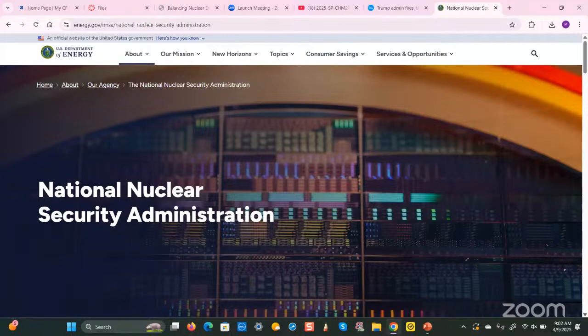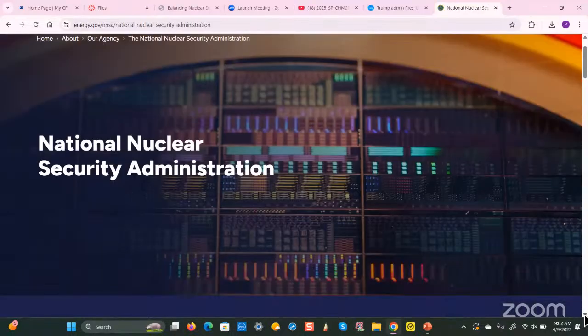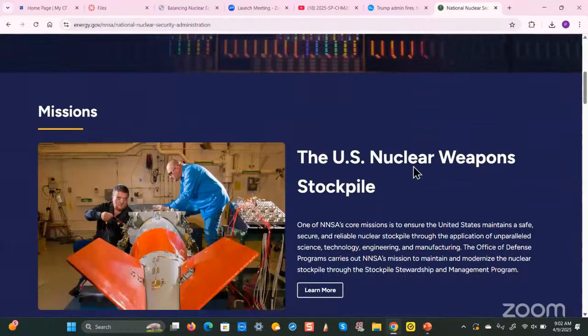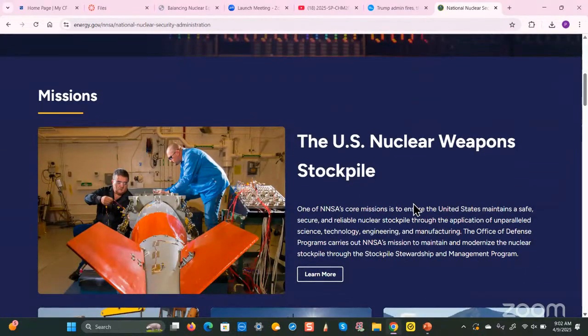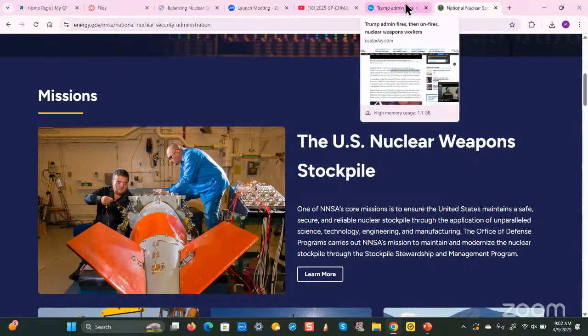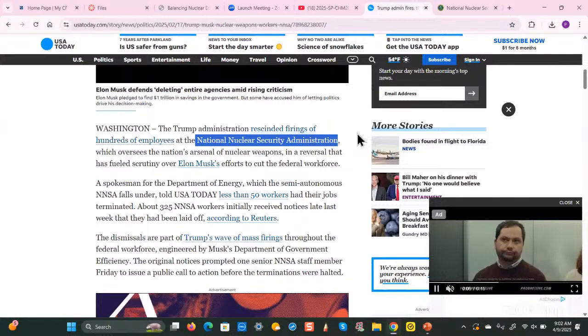Their role, among other roles that they have, is to deal with the nuclear weapons stockpile, and I think in addition, they're responsible for monitoring waste and so on. So in my opinion, it's a big mistake that they made to fire wholesale people who are responsible for this very critical role that they play. And it just goes to show that sometimes people in charge don't understand what's at stake.